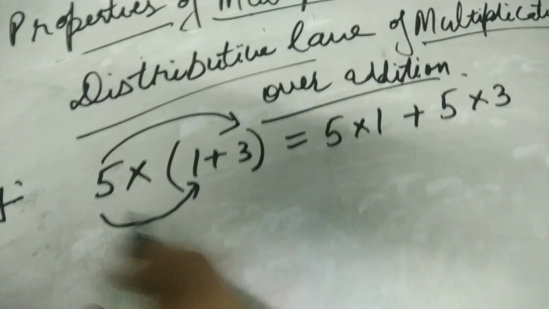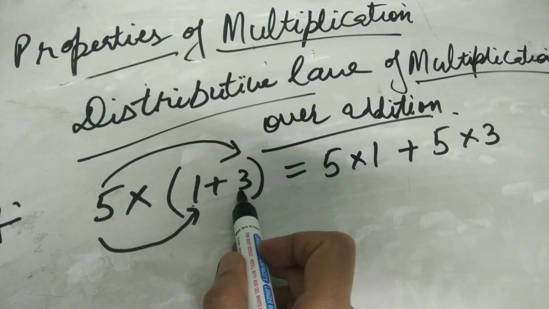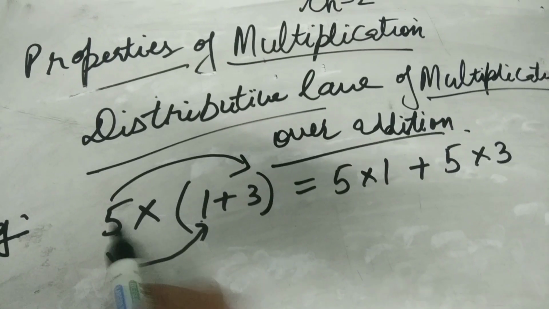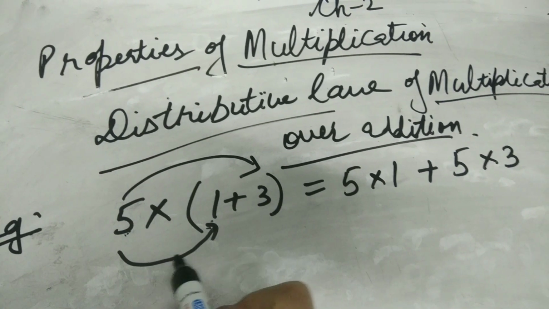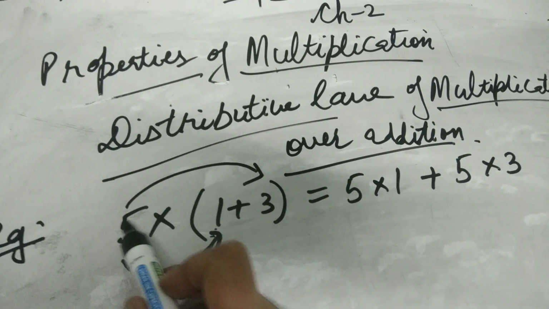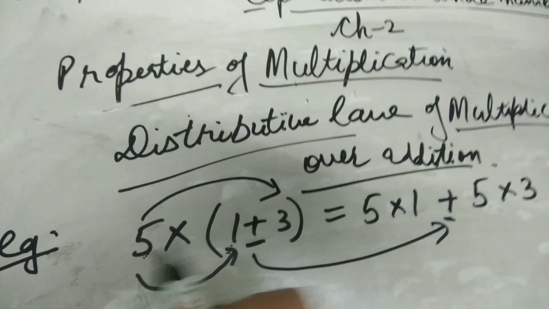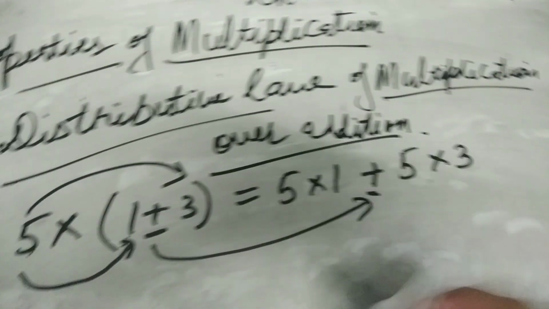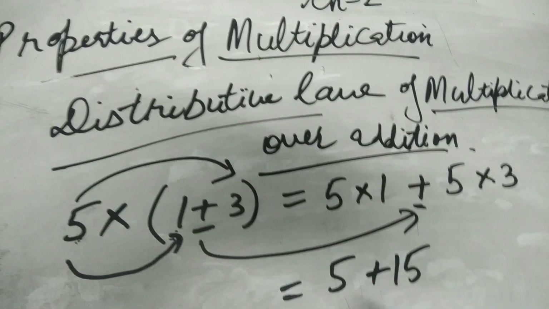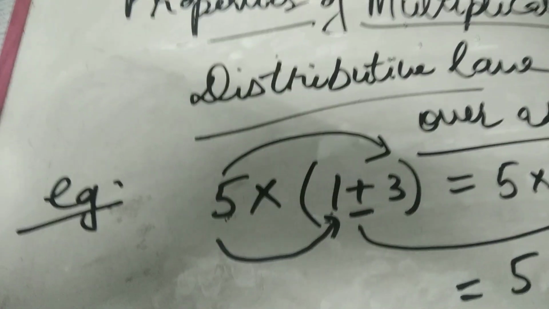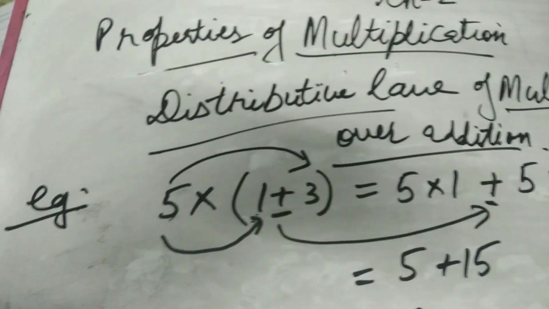I repeat this: 5 multiply, in the bracket we have 1 plus 3. This 5 we first multiply with 1, whatever we have in the bracket, and then plus 5 multiply 3. When we solve it, we get 5 plus 15 and we get 20. So this is the distributive law of multiplication over addition.